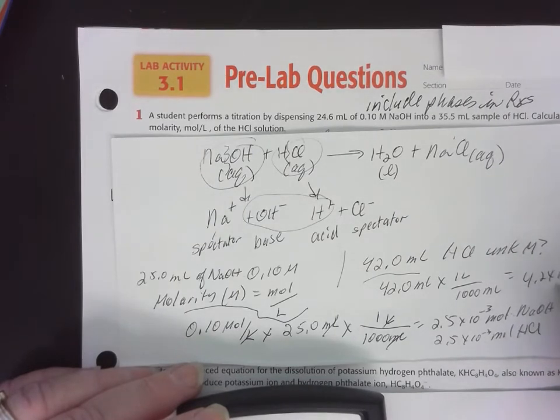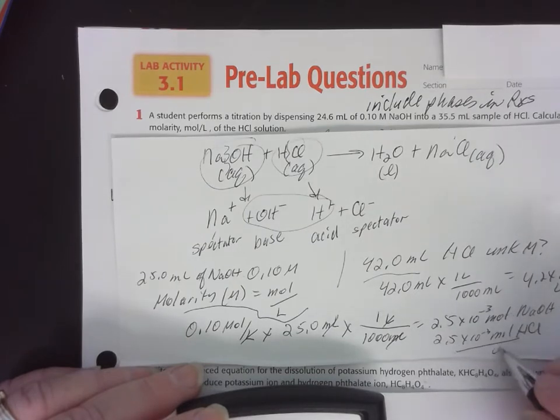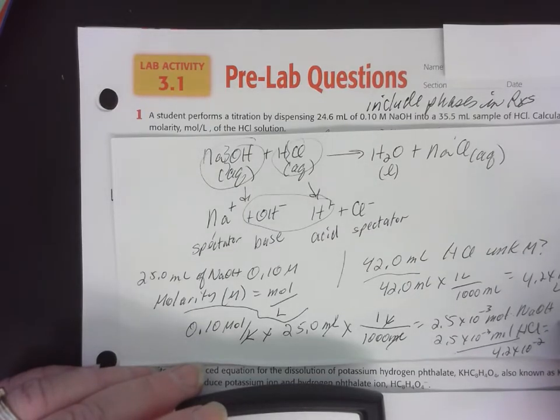So that's how many liters we have. So if we have that many moles, we just divide that by the number of liters, 4.2 times 10 to the negative 2. So our answer is 5.95.